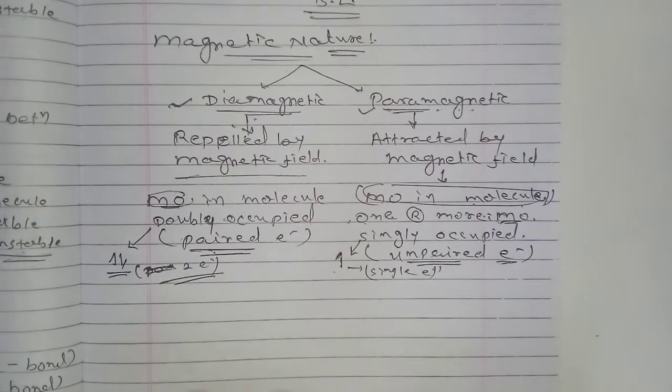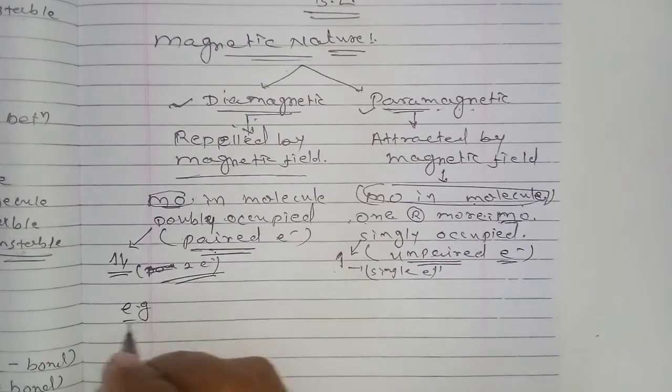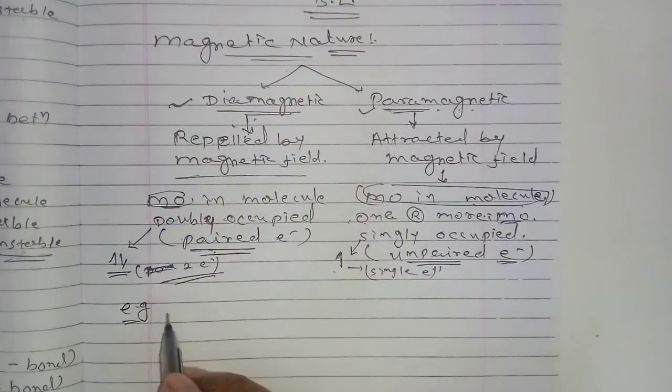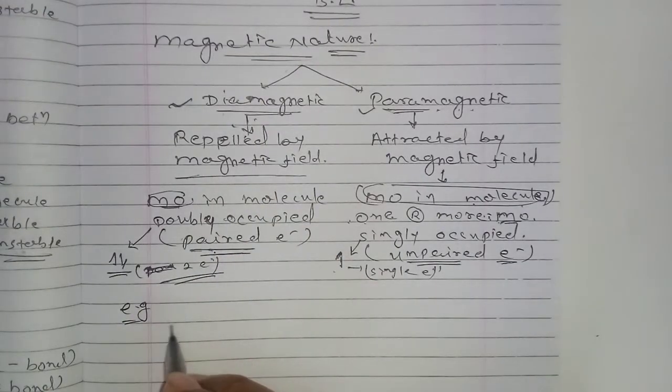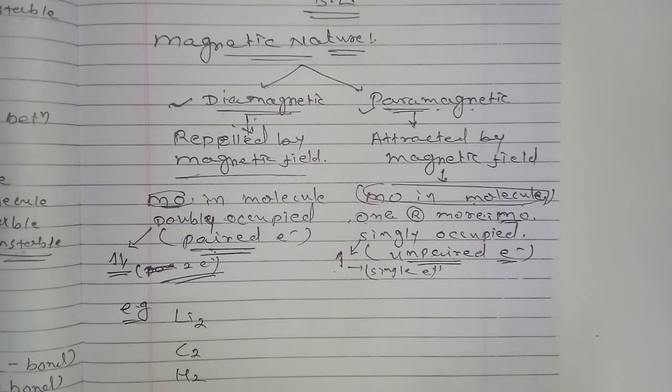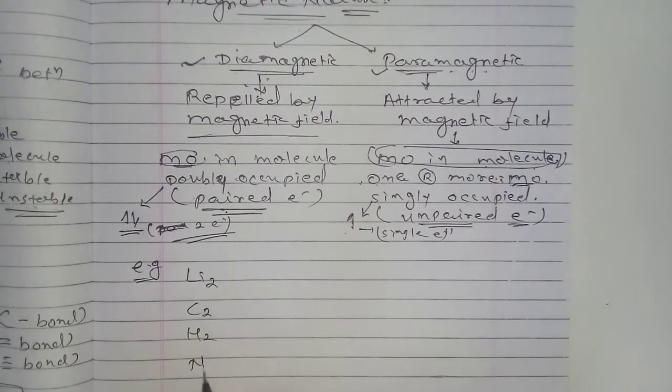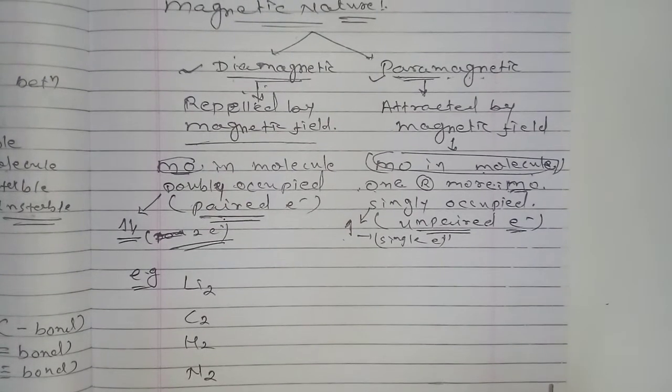Here are some examples. The molecules which are diamagnetic in nature: Li2, C2, H2, or the nitrogen molecule.